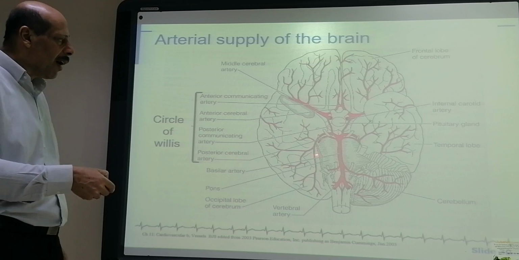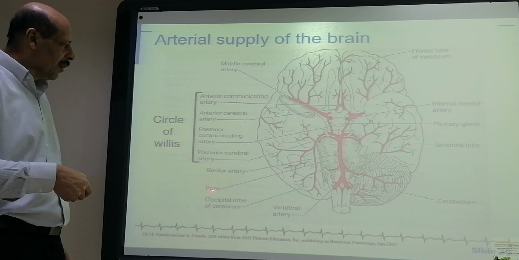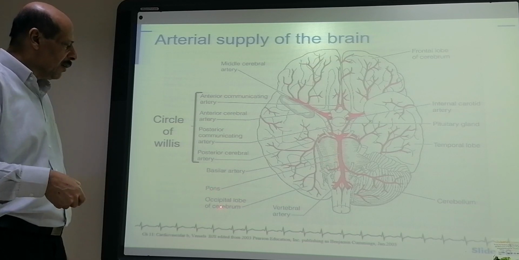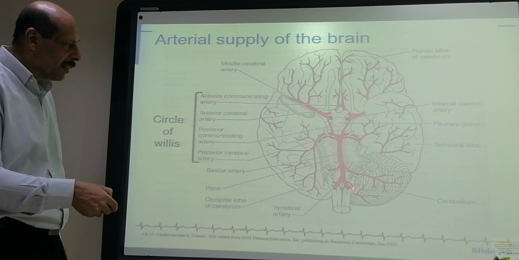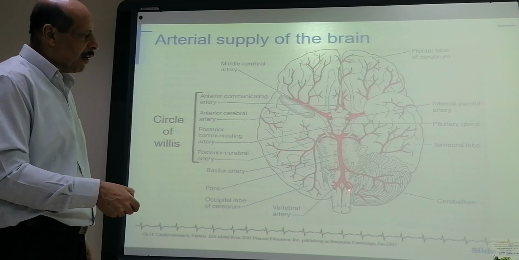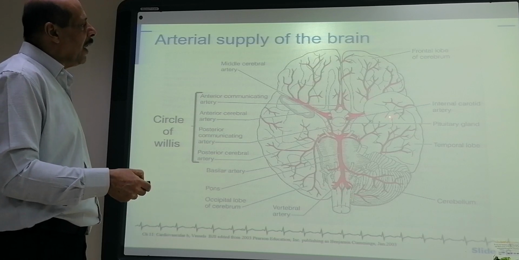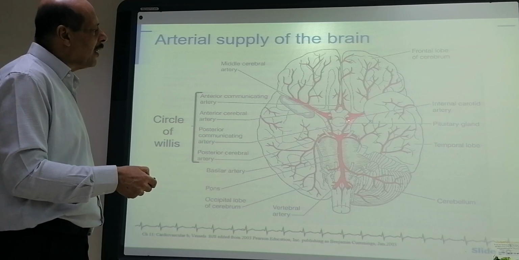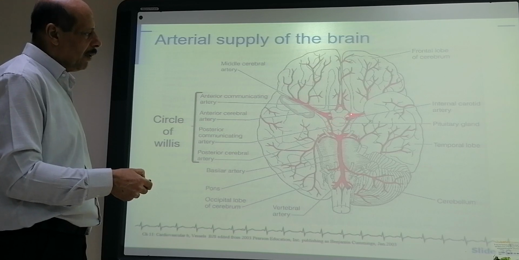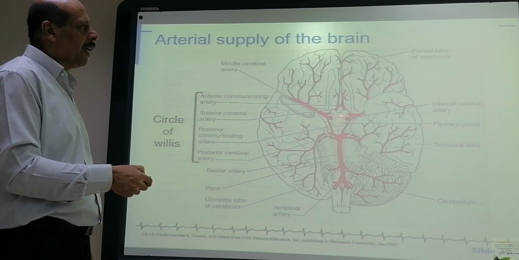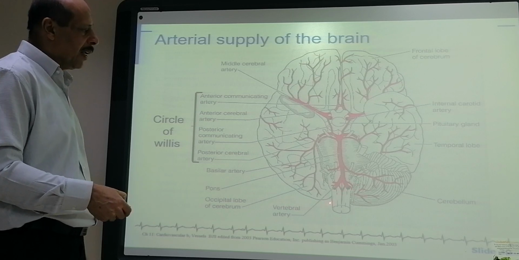Posterior cerebral artery, the basilar artery, and the occipital lobe of the brain. These are the vertebral arteries, two vertebral arteries are there, and this is the internal carotid artery, both right and left.